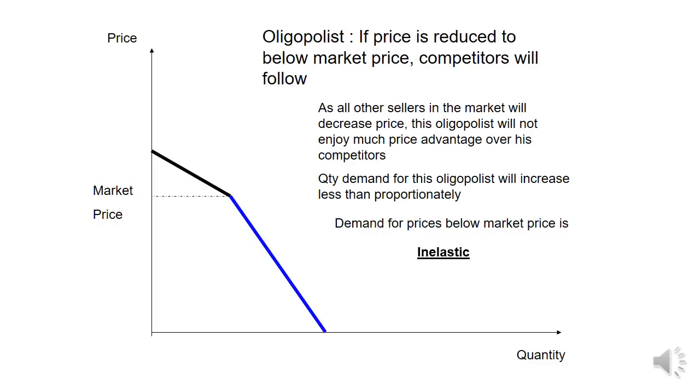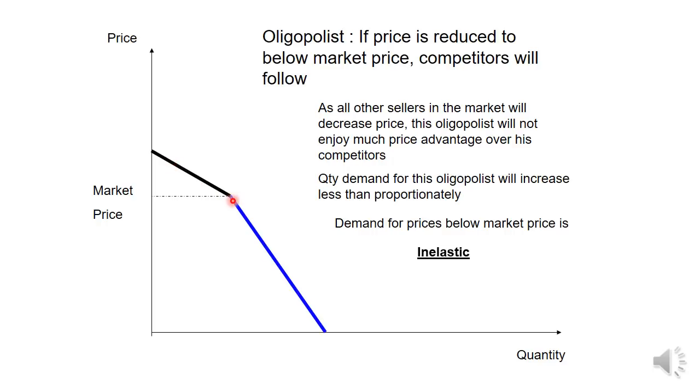So this gives rise to a kinked demand curve. Kink means an angle. It is just a demand curve with two different elasticities, reflecting how, as an oligopoly seller, I see the market. Above the market price is elastic because if I increase the price, I lose a lot of business because my competitors will not follow.